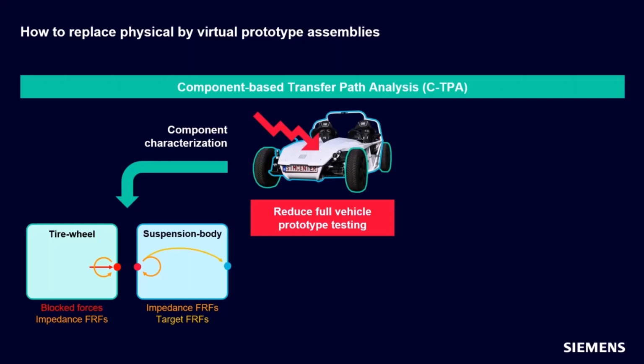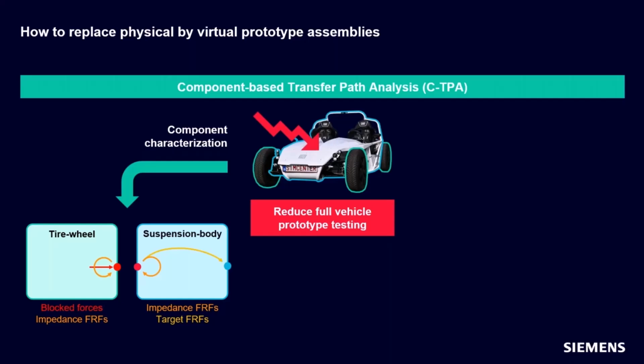And so the tire and wheel is considered the source, and we pull that off the vehicle or out of the assembly, and we just characterize that source. Then we have the suspension and body combination, and we consider that to be a single component, and we characterize that individually. Okay, so now we're not characterizing them as a system, but rather individually.